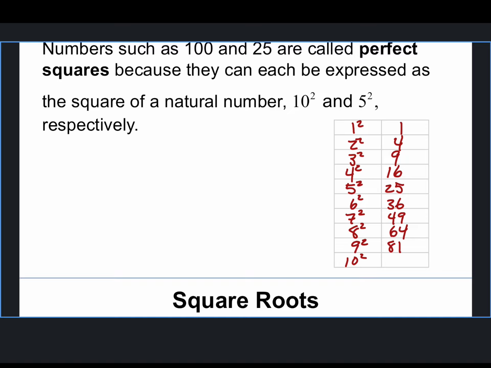And 10 squared? 100. So, these guys right here, and I picked up my pencil, so I'm going to have to write it again. These are perfect squares.